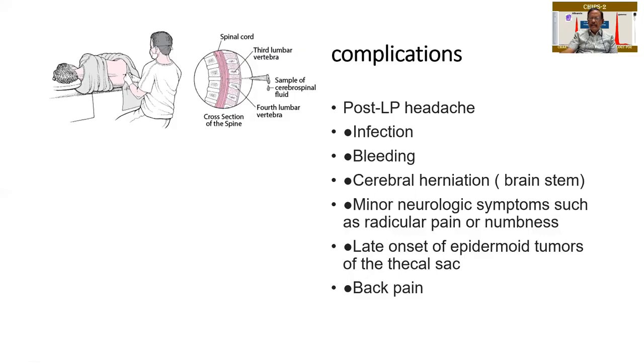There can be minor neurological problems and there can be a therapeutic indication or introduction of the tumors as such. Back pain, a very common complication. These are all minor. But please do remember infection, bleeding, cerebral herniation. These will be the 3 important things that we should have in mind.